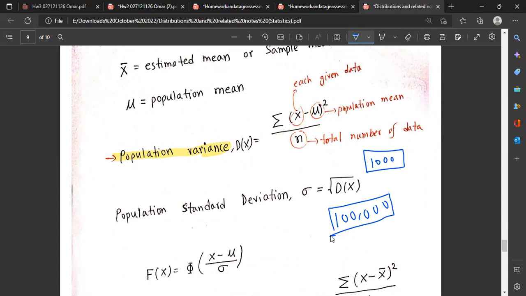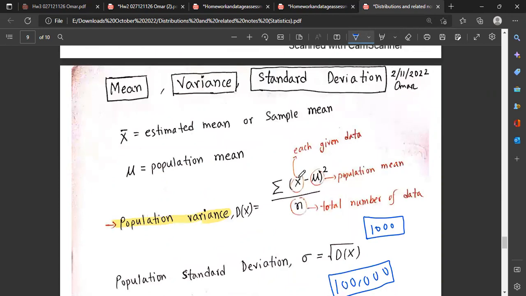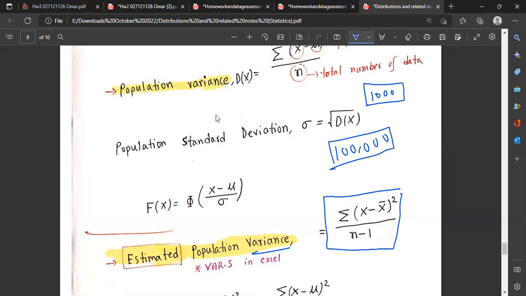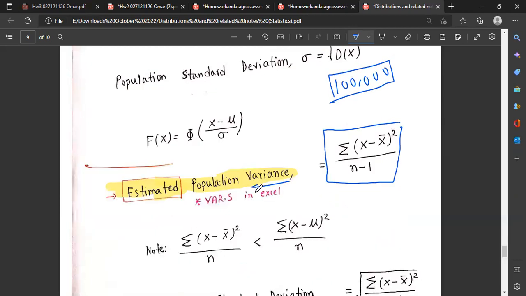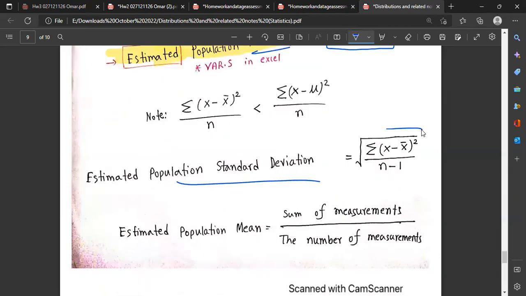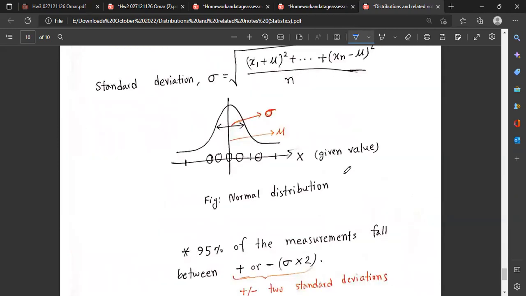So in that case, we just estimate the value. And so in most of cases, we will use this formula to find the estimated population variance and the estimated standard deviation. Okay, you will see this formula in most of the real life applications, and there is Excel formula. Okay, you can calculate them in Microsoft Excel.